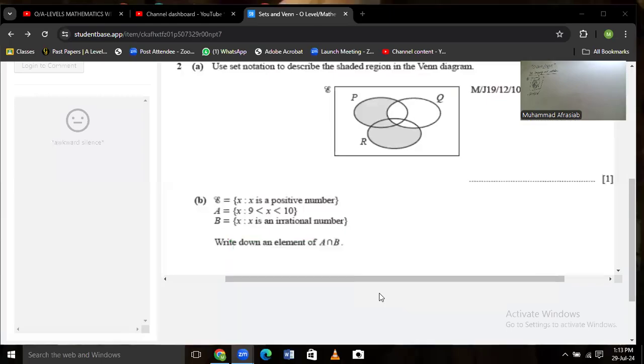The next part is B. The universal set is equal to a set X such that X is a positive integer number.